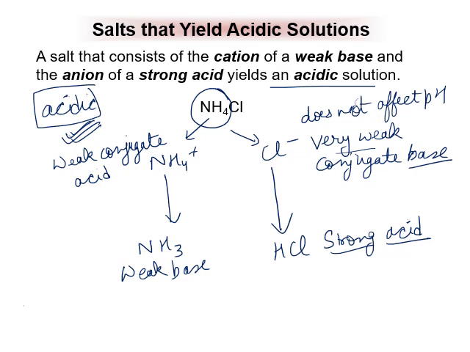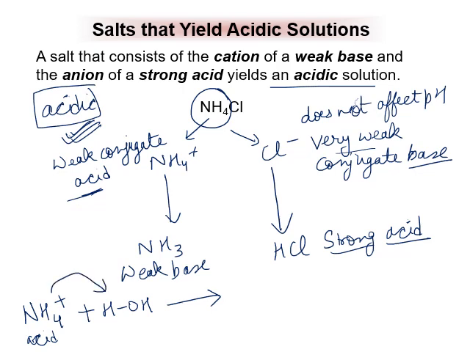How? Let's look into that as well. This will come in handy later on. So when you have this salt, ammonium ion is only going to affect the pH, so I do not care about chloride ion. Ammonium will react with water. Remember, water is what? HOH. This is an acid, right? So this has one extra proton, which it is going to donate.